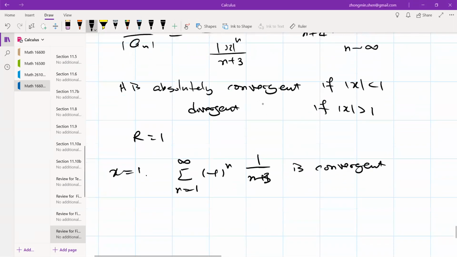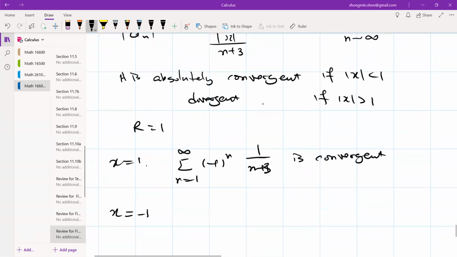All right. Now, when x equals -1, this will be just 1 over n plus 3. So this is divergent. Okay, so that means at the one endpoint it's convergent, at the other point it's divergent.